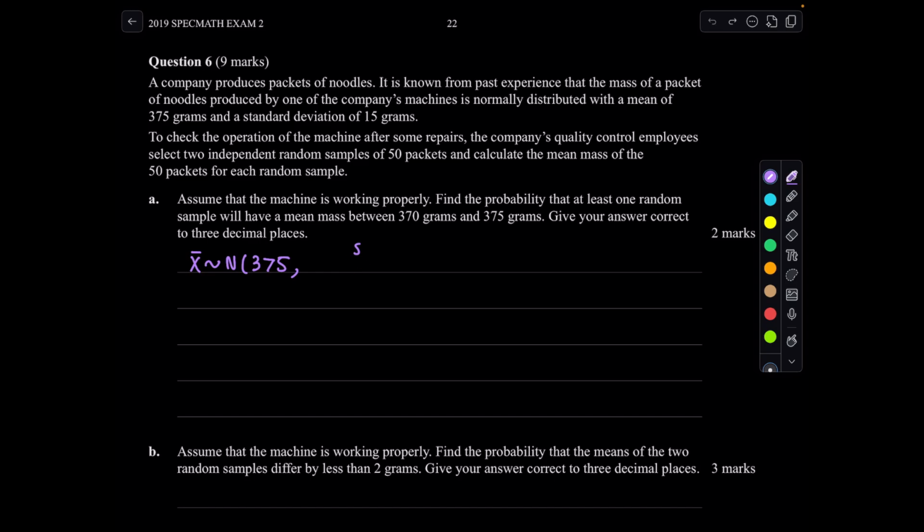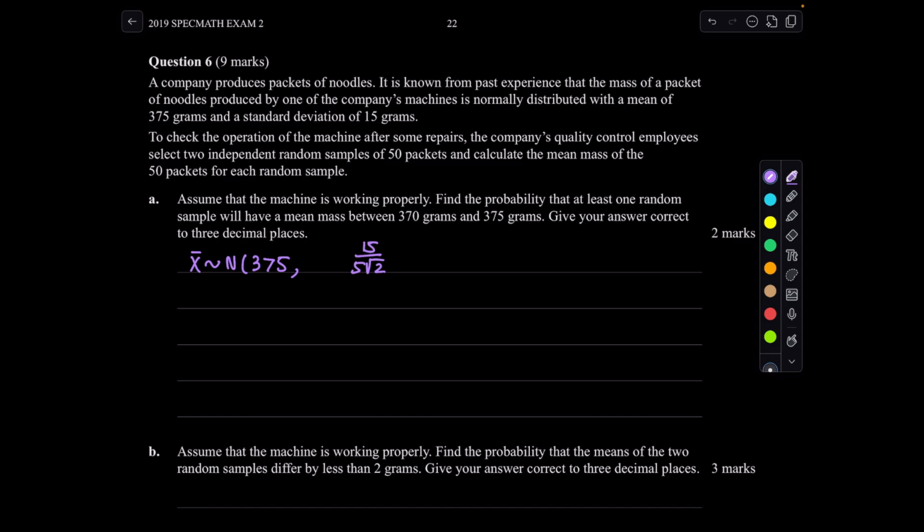So what's my standard deviation? My population standard deviation is 15, over the square root of n. And n, how many packets did we run? All the samples have 50 packets. So 50, which is basically 25 times 2.